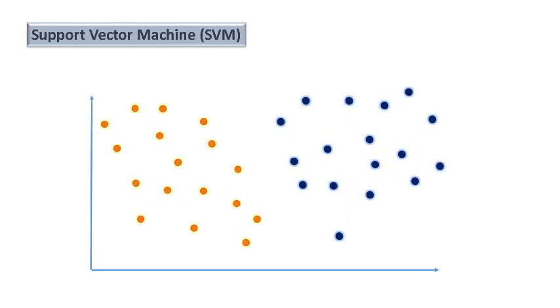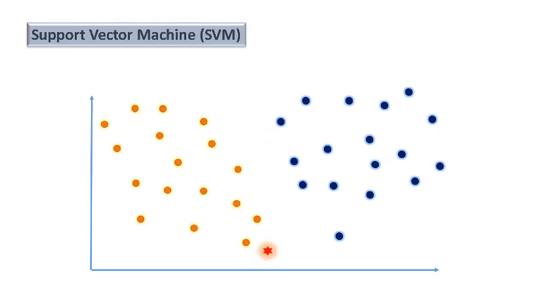Here there are orange dots and blue dots, and according to that we have to make a line to separate them. So here we can put a line, then this red star is a new point, and according to this scenario, what will it be? Basically it is nothing but a blue dot.